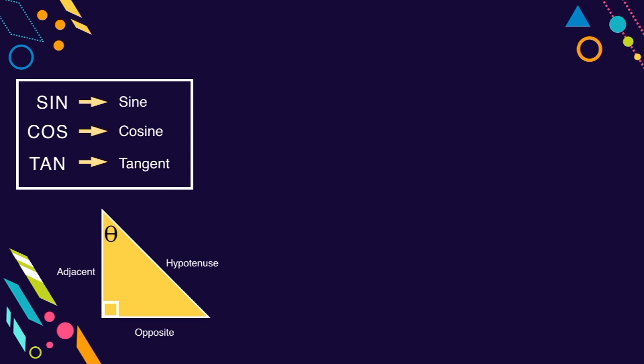The other known angle is indicated by theta, the symbol that looks like a zero with a horizontal line in the middle. The longest side opposite the right angle is called the hypotenuse. The side opposite theta is called the opposite side, and the side that's next to theta but is not the hypotenuse is called the adjacent side.